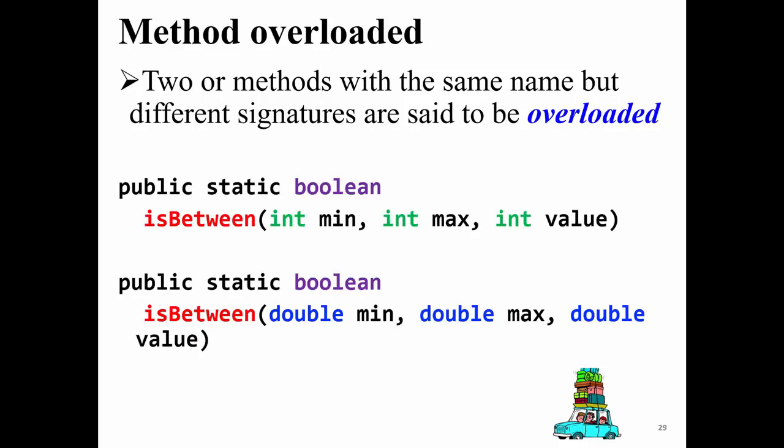We can define them in the same class, but with a different list of input parameters and data types. You can see the name of the method is the same, is between. That is one of the conditions for method overloading, but the input parameters are different. Not the names. I don't care about the names min, max, value. I care about the data type.